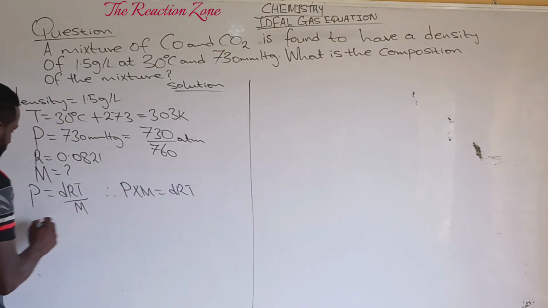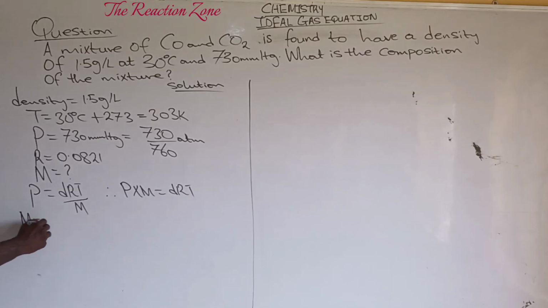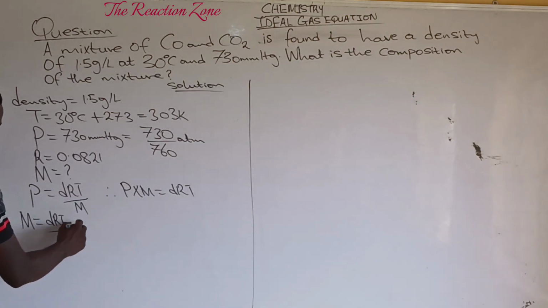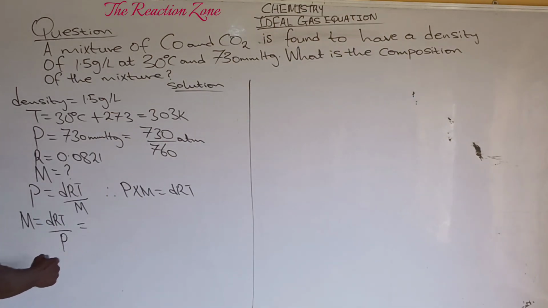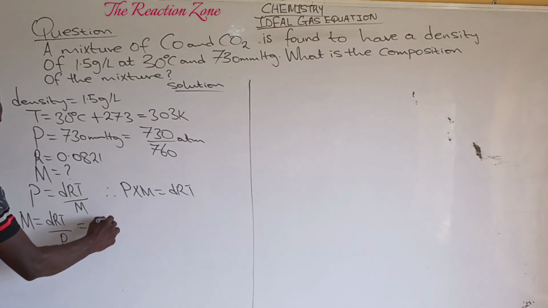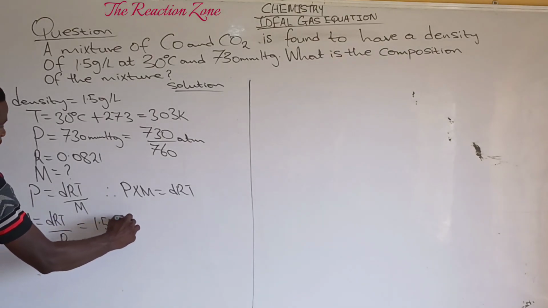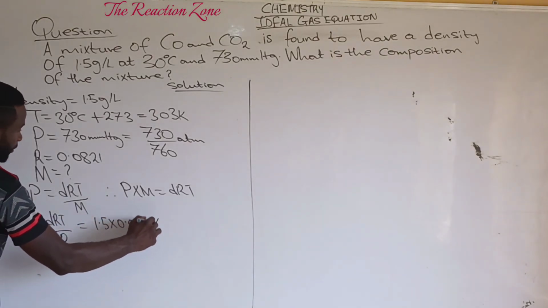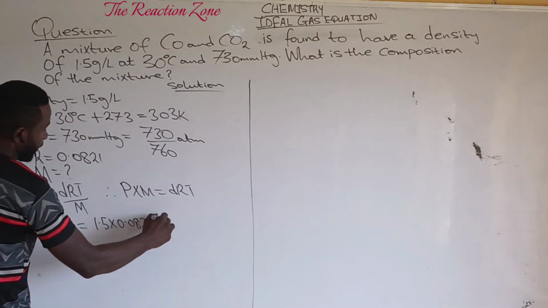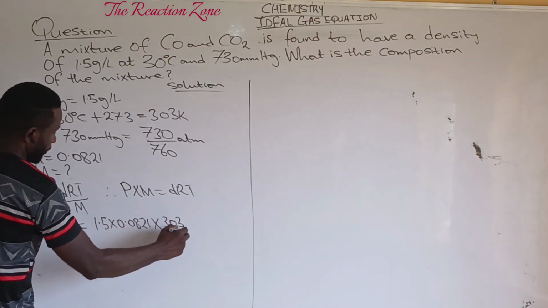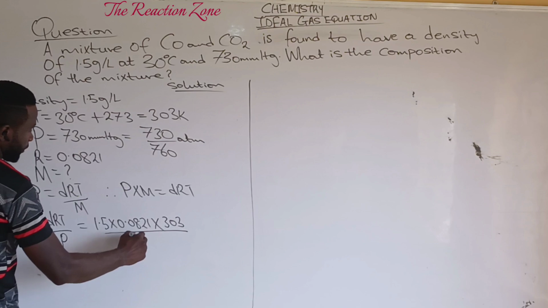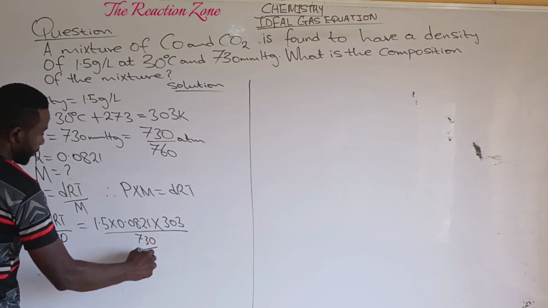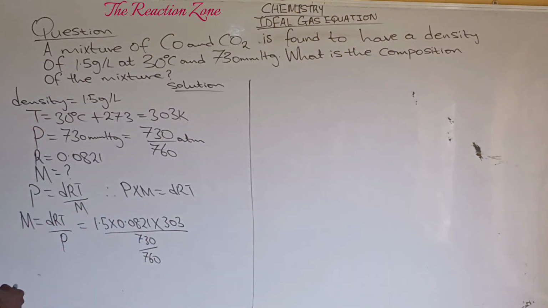And making N the subject, the expression becomes N is equal to nRT over P. When we put in the values of the parameters, we have the following. 1.5 times 0.0821 multiplied by 303 over 730 over 760, which is the value of the pressure.